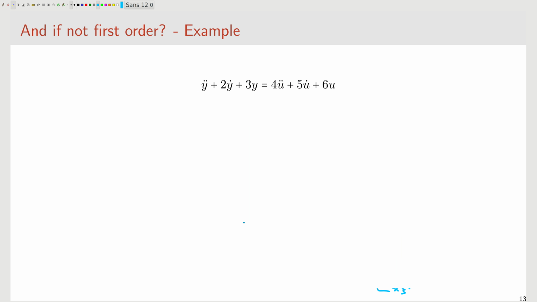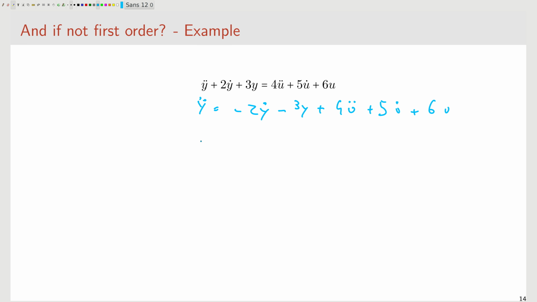If it is not clear, let's make an example that is maybe a little more informative. Here we have y triple dot equal to minus 2 y double dot minus 3 y dot plus 4 u double dot plus 5 u dot plus 6 u.